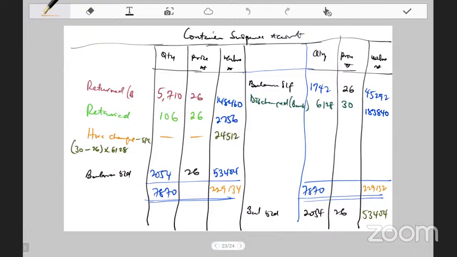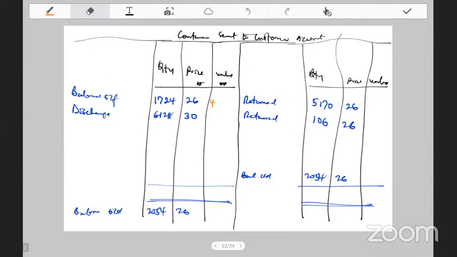Sorry, there was a poison. This should have been 1,742. So give us the new answer. 45,292.